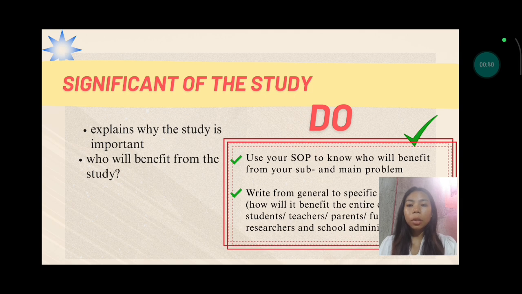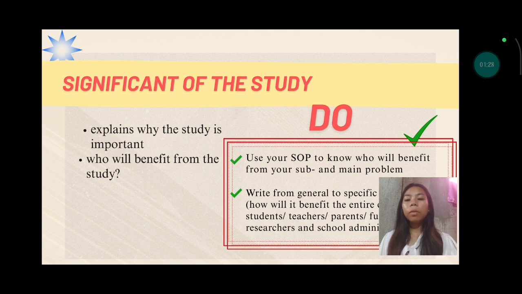First, use your SOP, or statement of the problem, to know who will benefit from your sub-problems and main problem. Meaning, when writing the significance of the study, since you will write the people who will benefit, you will use the SOP to know who will benefit from your study, and you will write it from general to specific.